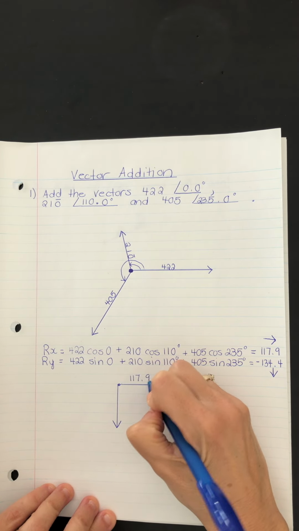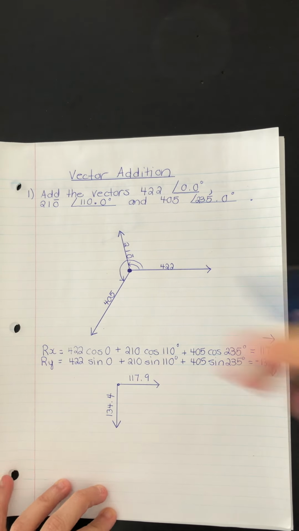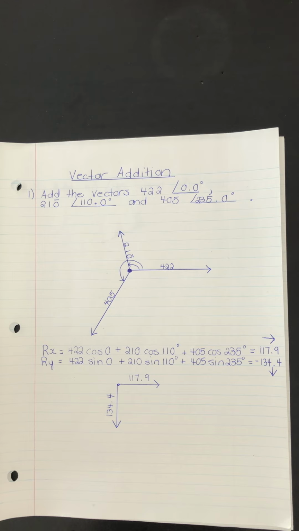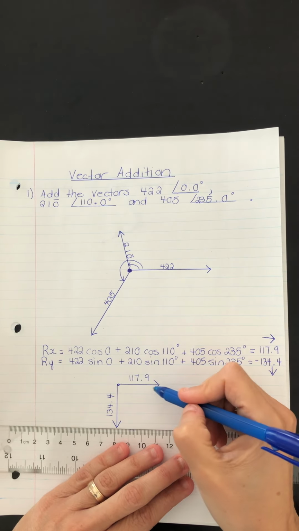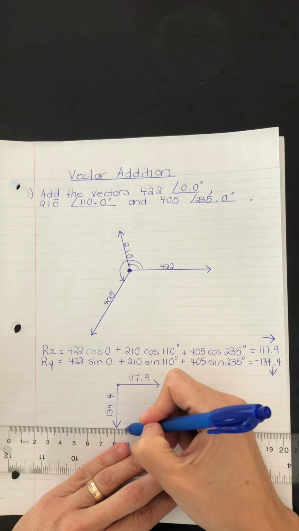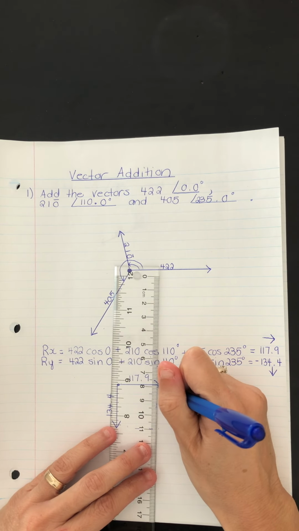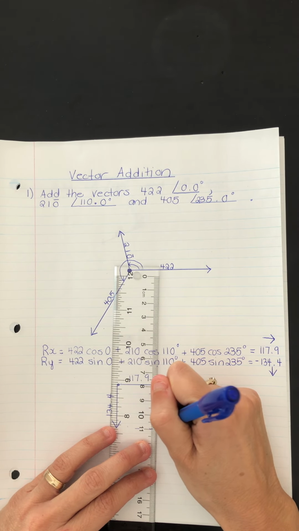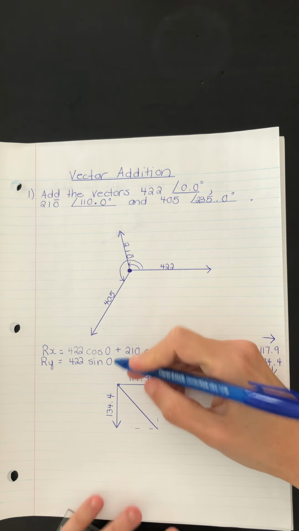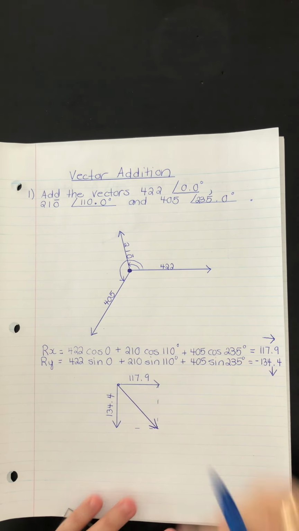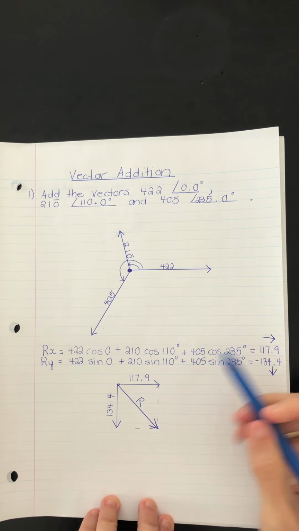So that's 117.9, and this length is 134.4, like this. And so, where will the resultant be? Well, you make a rectangle like this now. Sorry, primitive picture. And then draw your vector. That's the overall resultant.